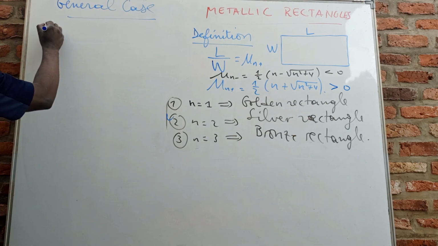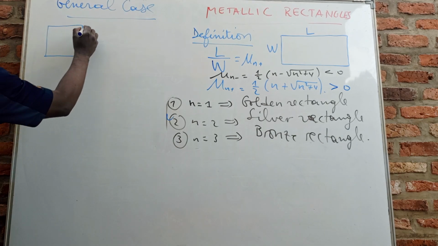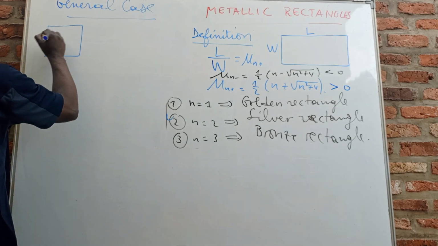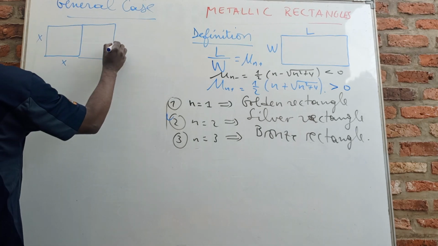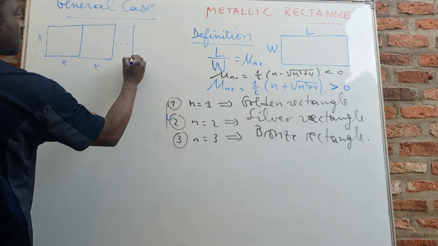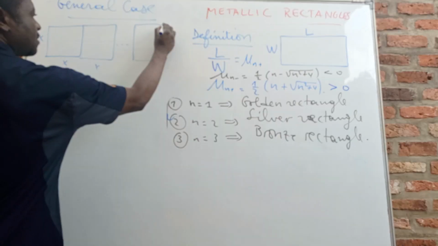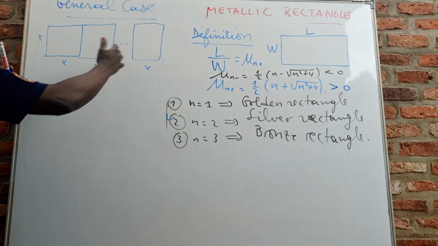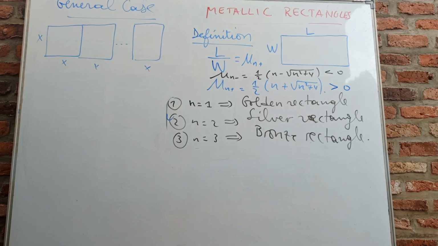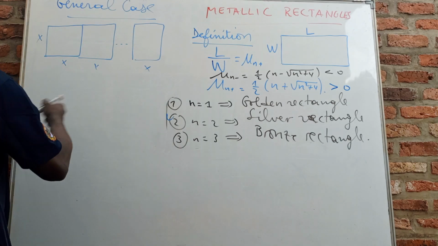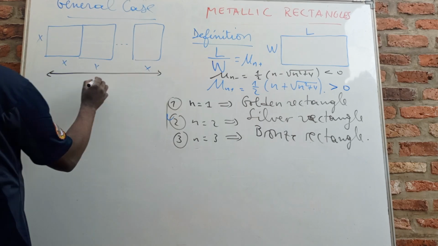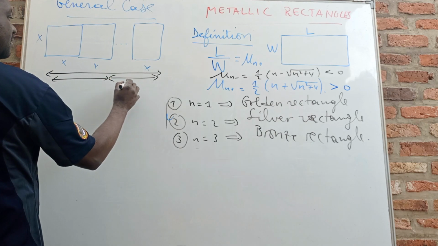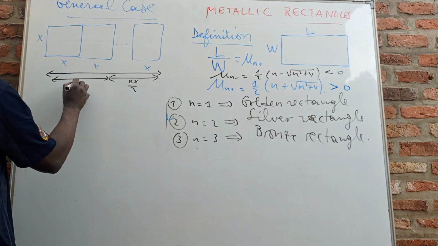So we use the same procedure to construct the first square, second square, and so on and so forth. Suppose you have n squares concatenated all together. Now we take half of this length, nx over 2, nx over 2.